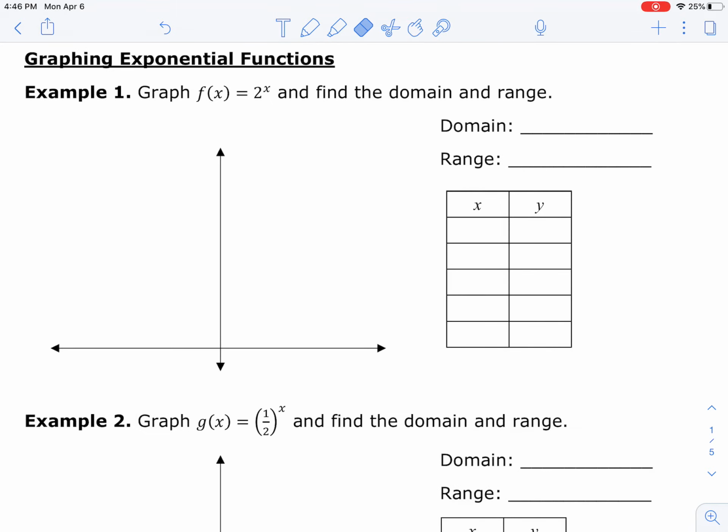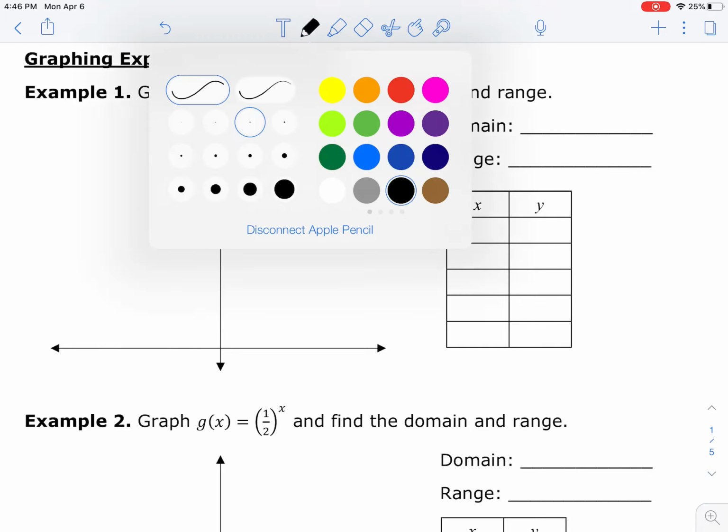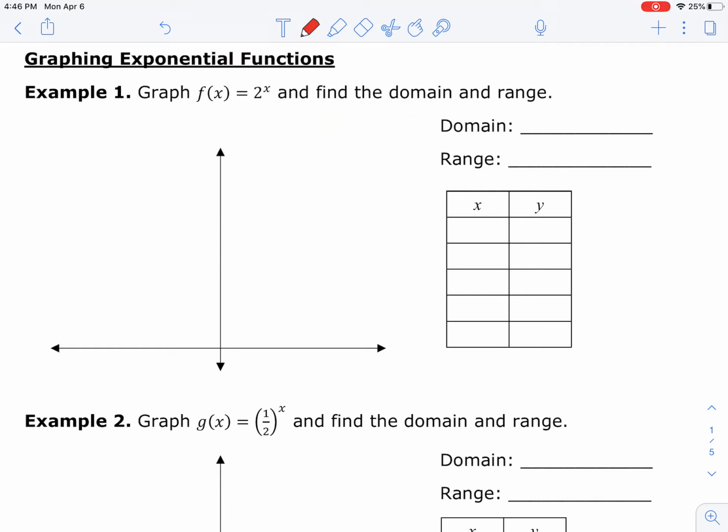But let's graph two exponential functions and talk about their domain and range. First one, example 1. Let's graph f of x equals 2 raised to the x power. I know you have a graphing calculator and feel free to use it. We do have it if you want to use it. But I'm just going to go ahead and pick some values and graph it by hand, okay?